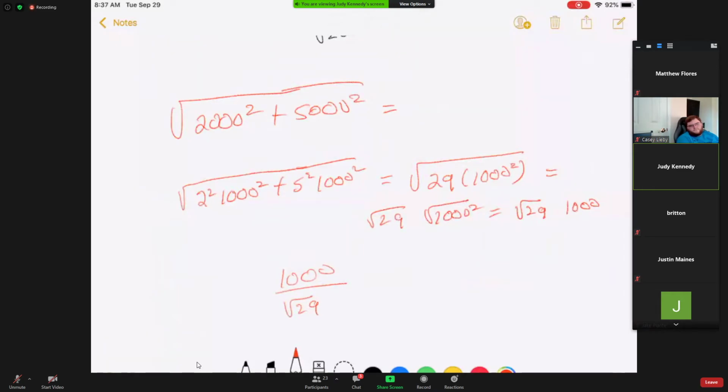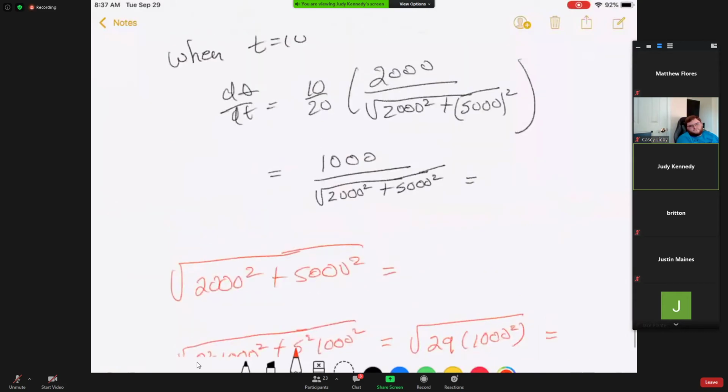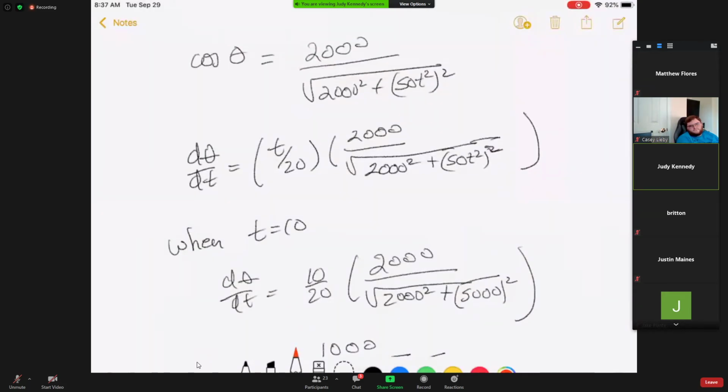Oh, no, that's right. Times 1,000, which is 1 over the square root of 29. And I missed some arithmetic someplace because it was supposed to be 2 over 29, d theta dt. Well, I don't want to spend the whole, oh, what time is it?